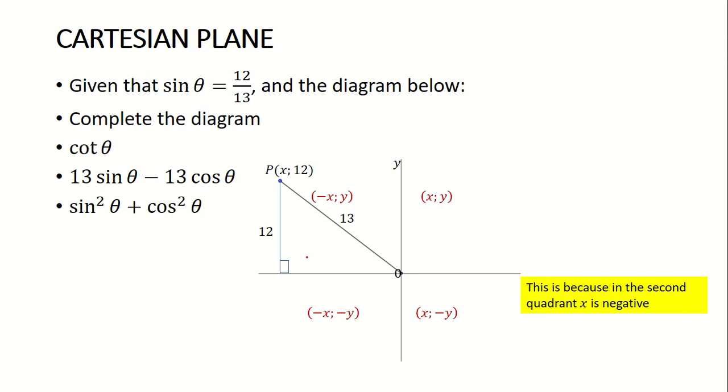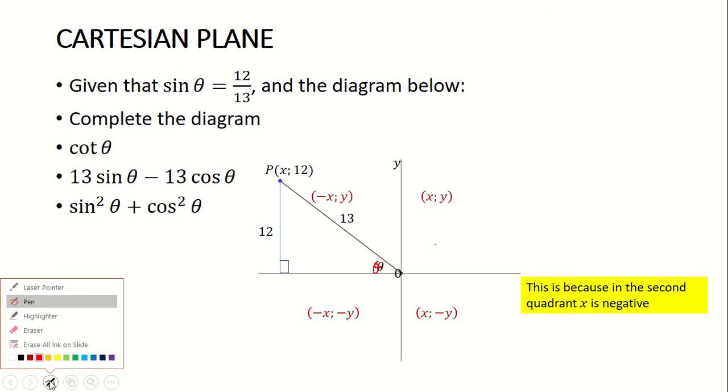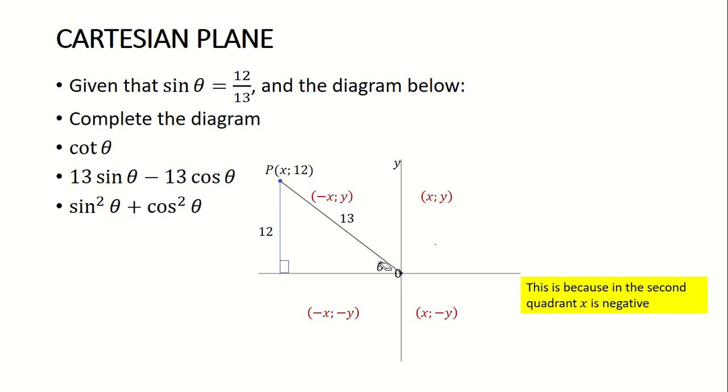Obviously inside a triangle you will have theta. So that's what we have, guys. I did explain this. 12 is the opposite and 13 is your hypotenuse.